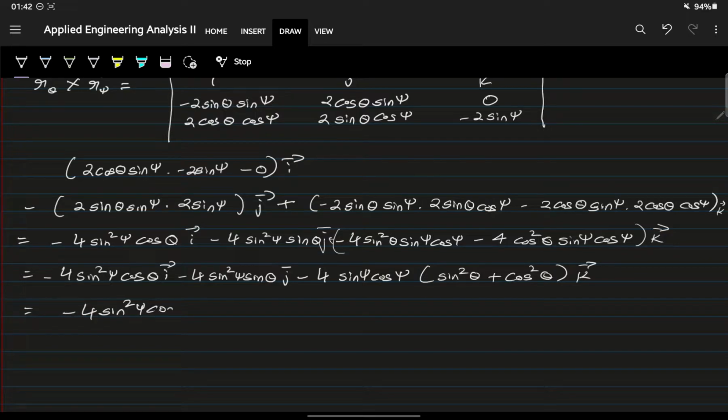The cross product is minus 4 sine square phi cos theta i minus 4 sine square phi sine theta j minus 4 sine phi cos phi k, where sine square theta plus cos square theta is 1, using the identity.